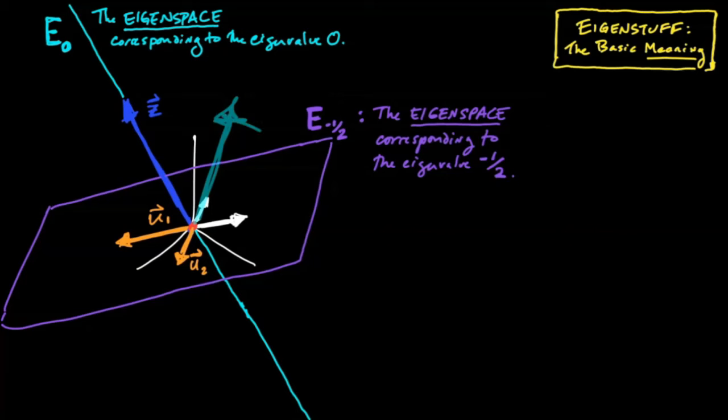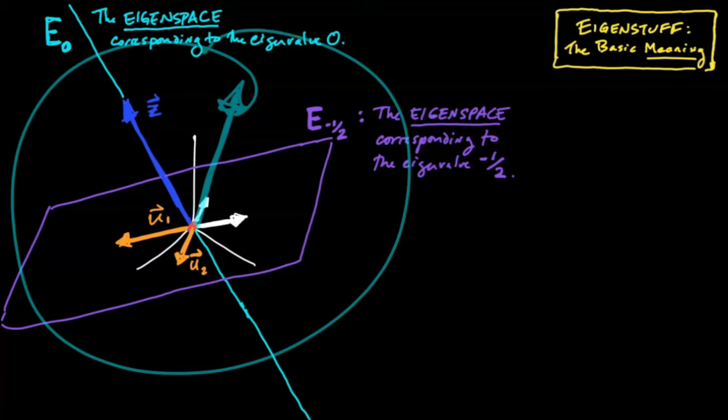Well, by the same argument we had a minute ago, it would follow that every vector in the span of U1, U2, and some hypothetical U3 would also be an eigenvector with eigenvalue -1/2. But the span of three linearly independent vectors in R3 is, of course, all of R3. So that would mean every vector in R3 would be an eigenvector with eigenvalue -1/2.